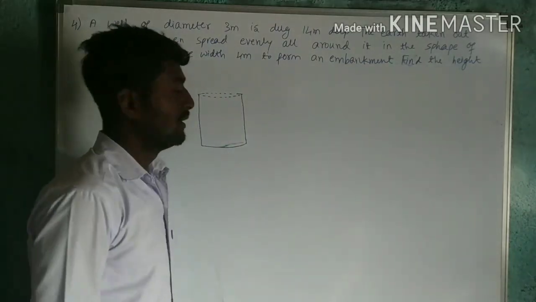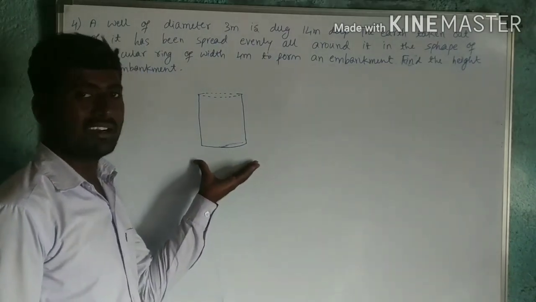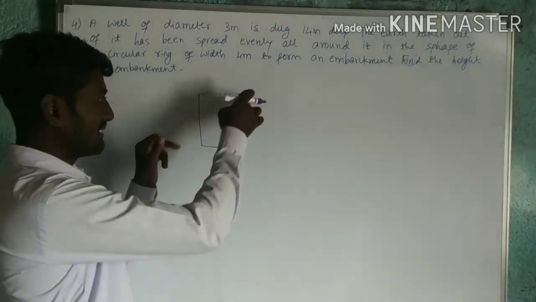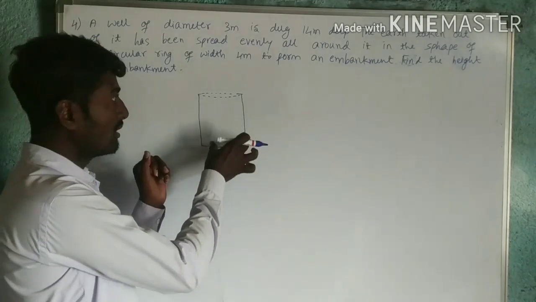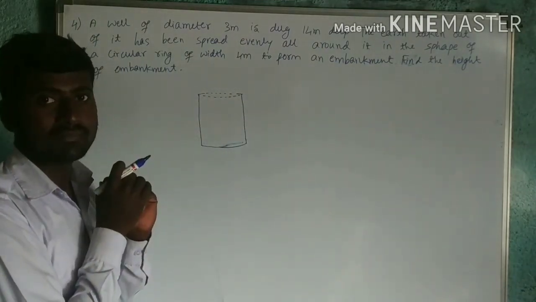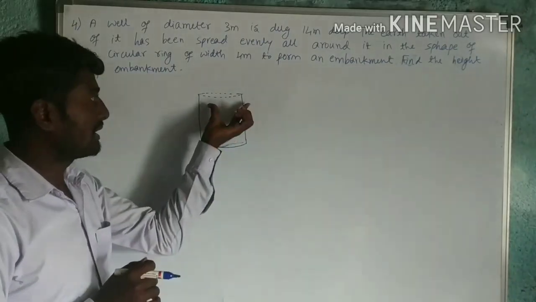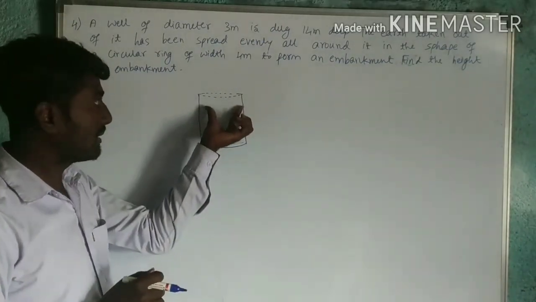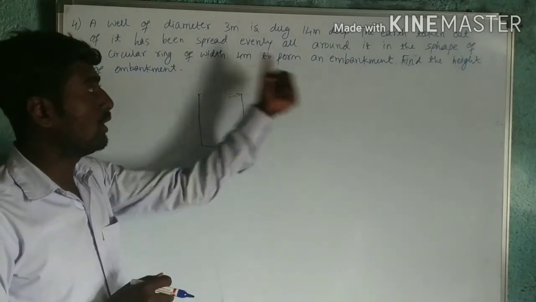Now, from this well we are taking earth and spreading it all around to form an embankment. If suppose the water fills this well and comes up, it cannot go out.